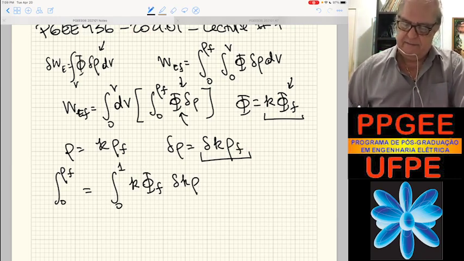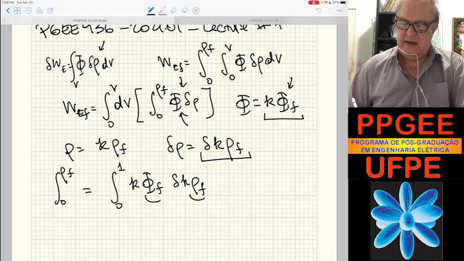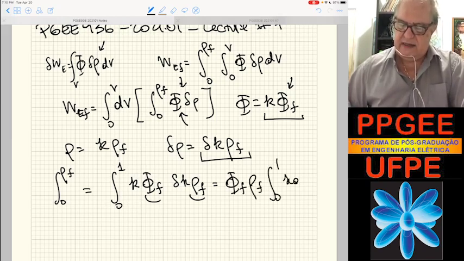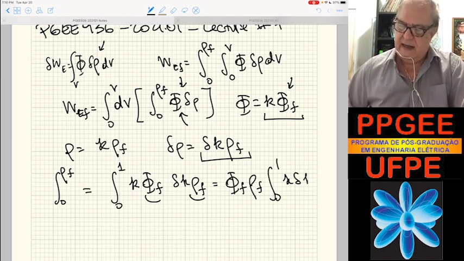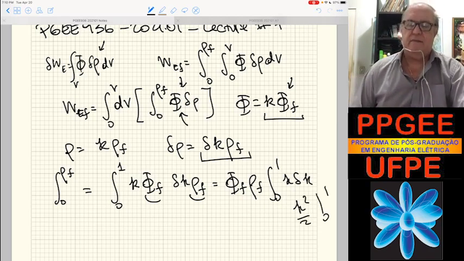Rho f. Then, these things can be placed outside of the integral symbol because they are constant. They are not variables here. Integral from 0 to 1 of k delta k, and this is k squared over 2 from 0 to 1.